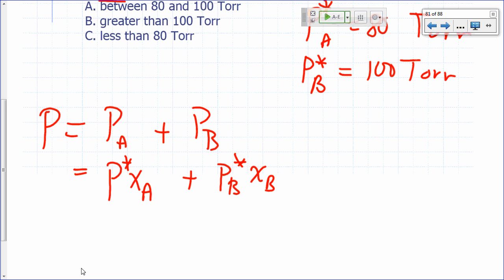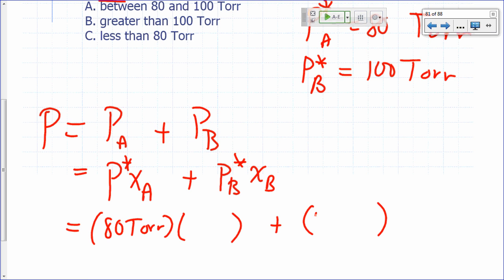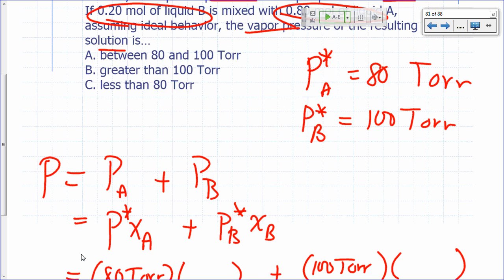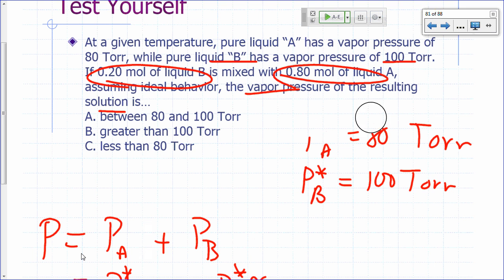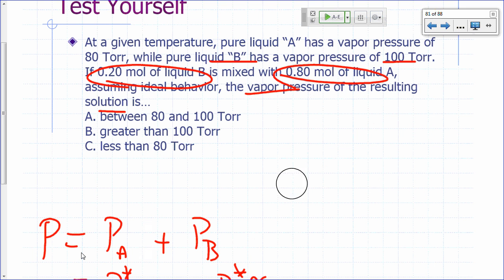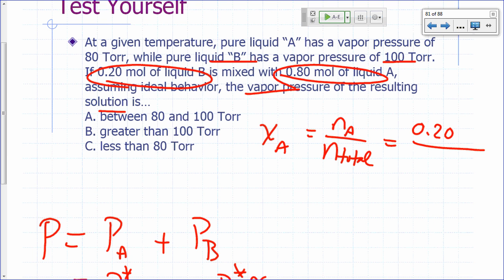That's the mole fraction of A and B in this case. P star A is 80 torr, times the mole fraction of A, plus P star B, which is 100 torr, times the mole fraction of B. How do we solve for the mole fractions? The formula for mole fraction: mole fraction of A is moles of A over total moles.